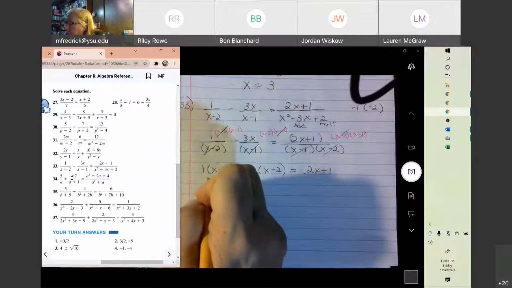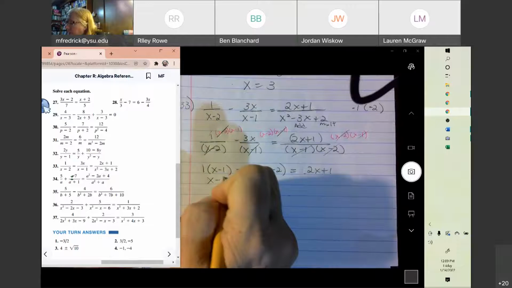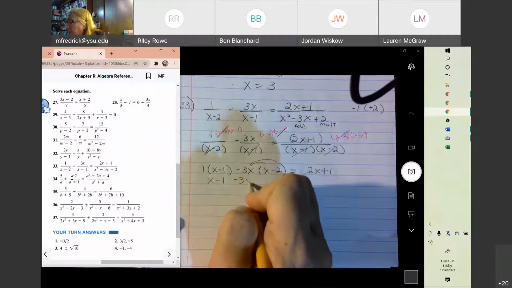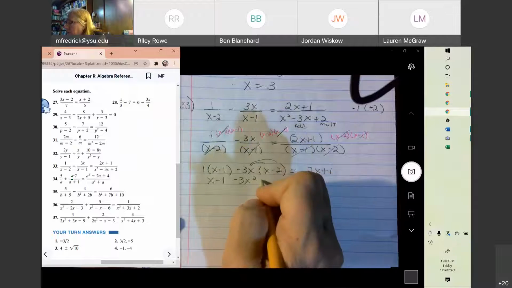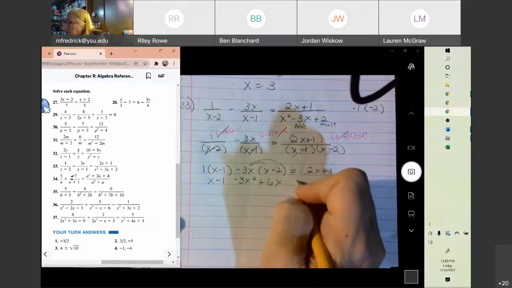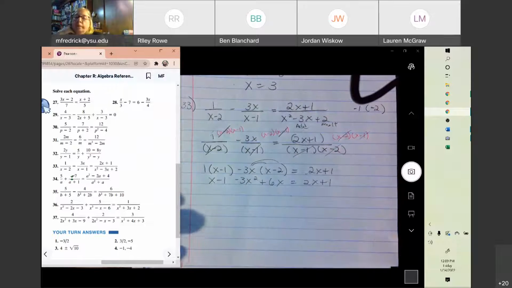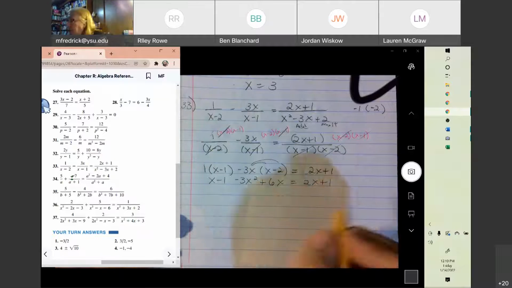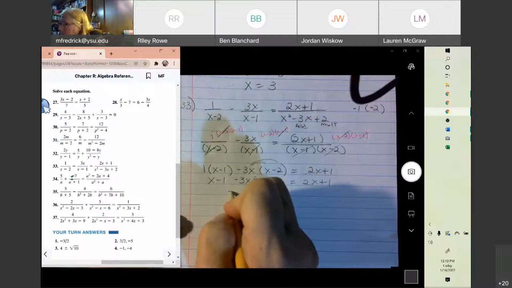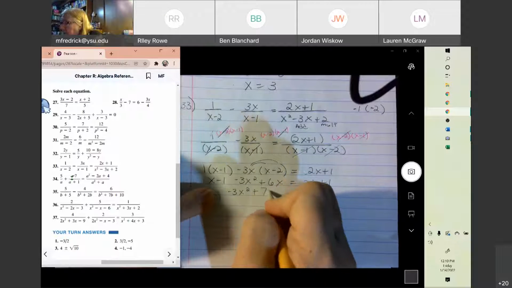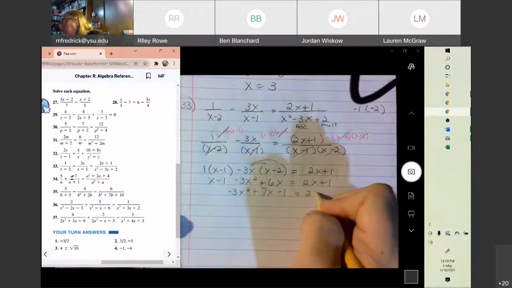Then distribute. Distributing the 1, we get x minus 1. Distributing the -3x, we get a -3x squared plus 6x equal to 2x plus 1. Combine like terms. -3x squared, 6x and 1x is 7x, minus 1 equal to the 2x plus 1.